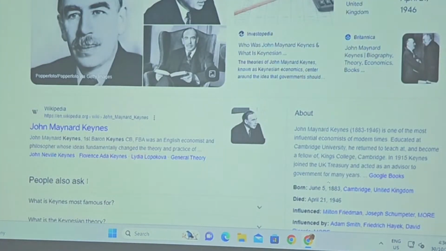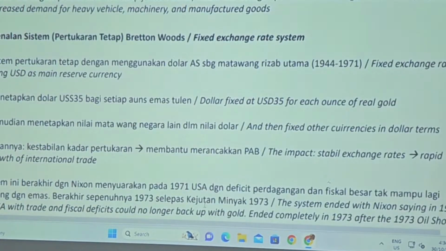Go back to our topic. From that Bretton Woods came a currency system using the US dollar as the main reserve currency. Every ounce of gold was fixed to equal USD 35.